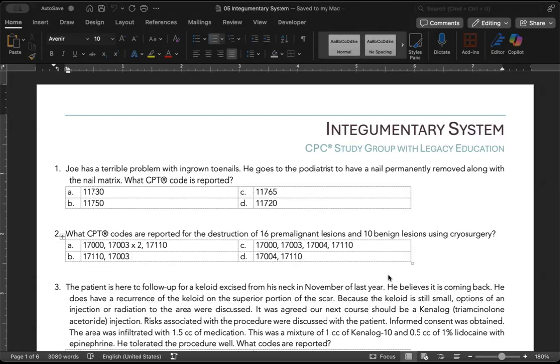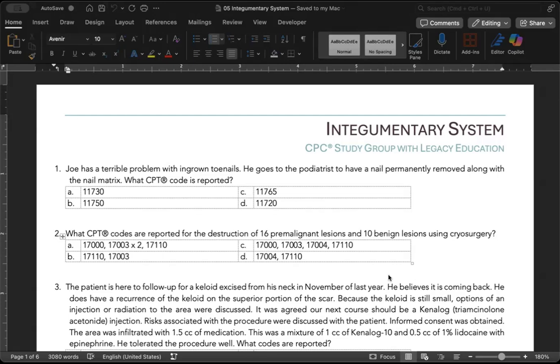So let's find our 11730, 11732. So 11730 and 32 are the same family. So it's got the parent code and then an indented code.